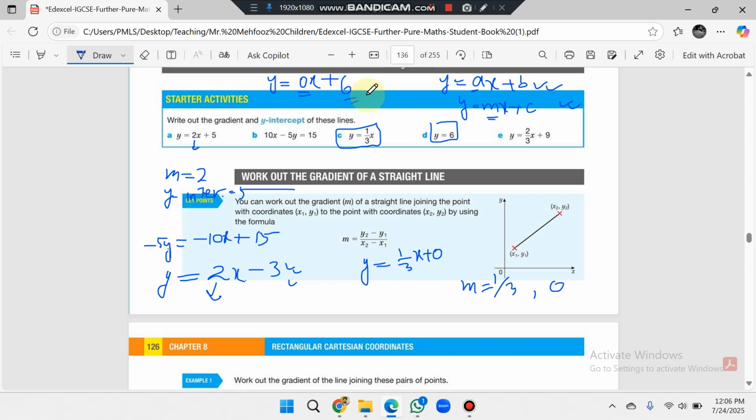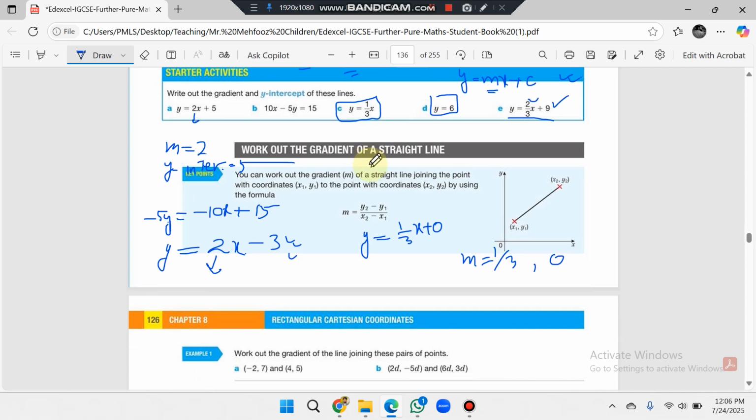That is 6, right? Again, for the last part, you can see that y equals 2 over 3x plus 9. So here 2 over 3 is the gradient, and the y-intercept is 9. These are all the questions from the starter activities. Do you have any problem?